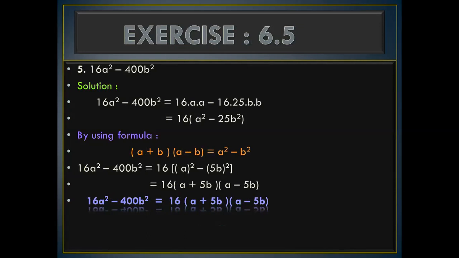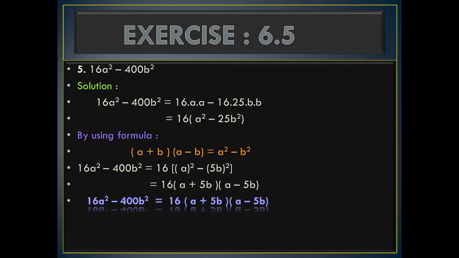Otherwise, according to the question, we have the squares, 16 is a square of 4 and 400 is a square of 20. And we can apply the formula directly, but at the end, after finding the answer, again we will take common. So it is better that we take the common in the beginning. We make the factors of 400, 16 into 25.